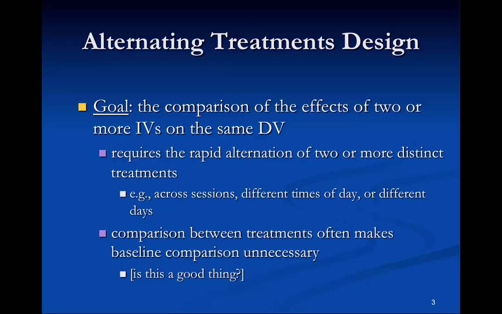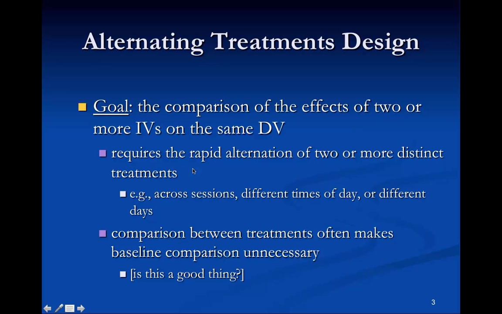That's a great example of an alternating treatment design, where in that case there were four independent variables, four different kinds of interventions or treatments or assessments, on the same dependent variable, which in Iwata's case was SIB.